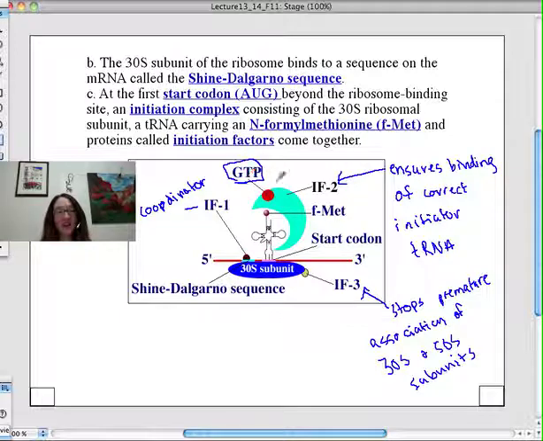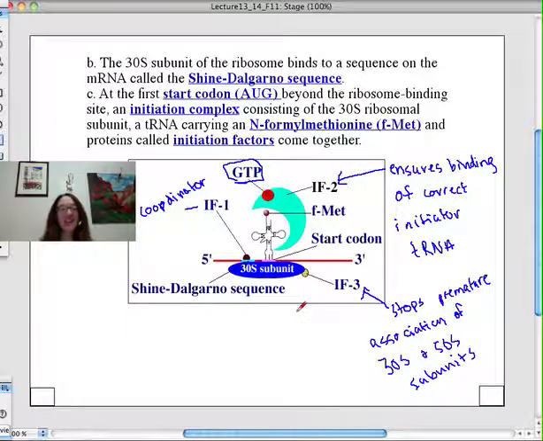With each event in translation, it's very endergonic, right? It's very energy consuming. So right off the bat here, we see a GTP consumed in just the initiation process. So translation is one of the major processes that is powered by all of that ATP and GTP that was synthesized within all of those catabolic pathways that we spent so much time talking about.